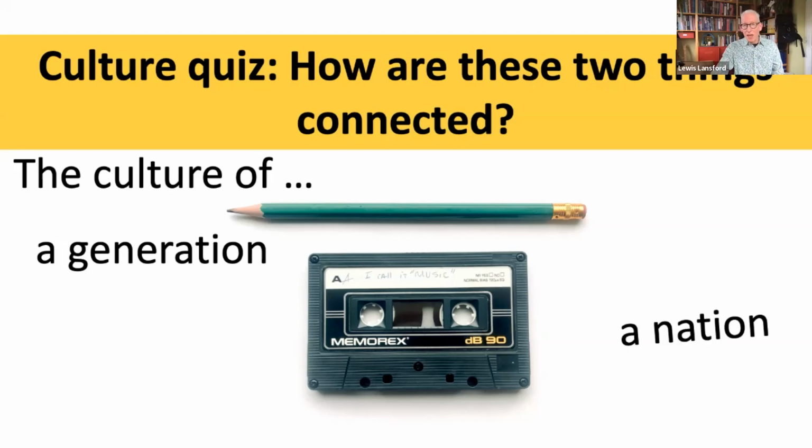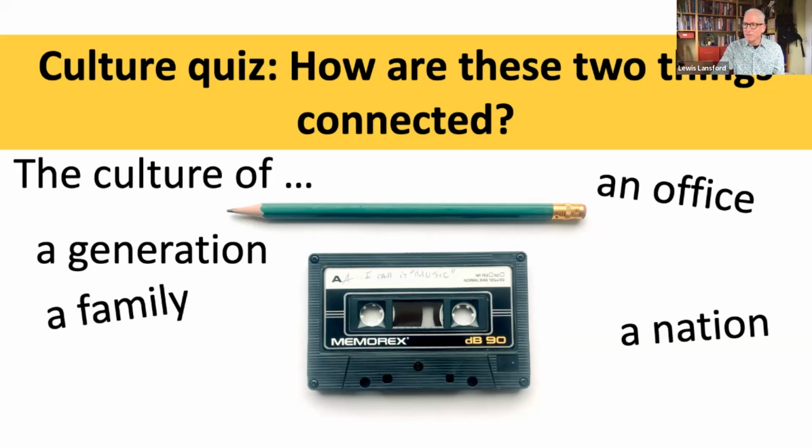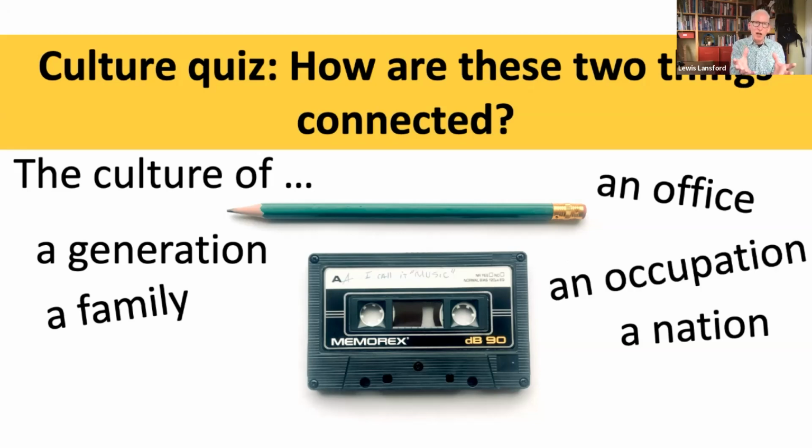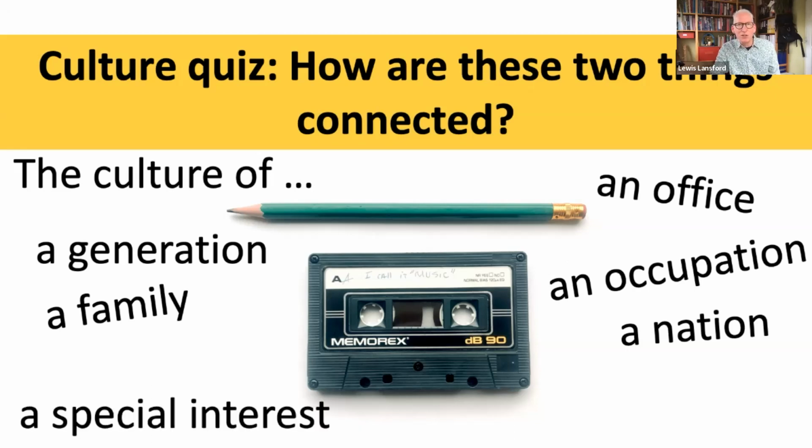But we can also, of course, have the culture of a nation, and that's super important when we're talking about language teaching. But we can also talk about the culture of an office. Things are done a certain way. People have a certain attitude. People have certain beliefs and assumptions. A family can have a culture. An occupation can have a culture. Doctors may move in the world in a certain way and have a shared knowledge. If a doctor meets another doctor, they have some kind of shared understanding because of their shared culture.